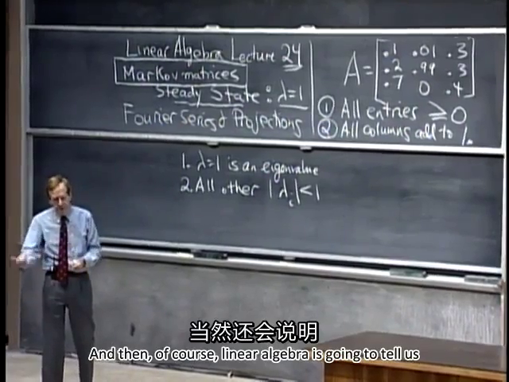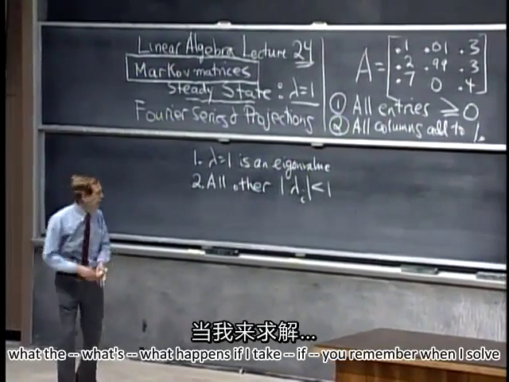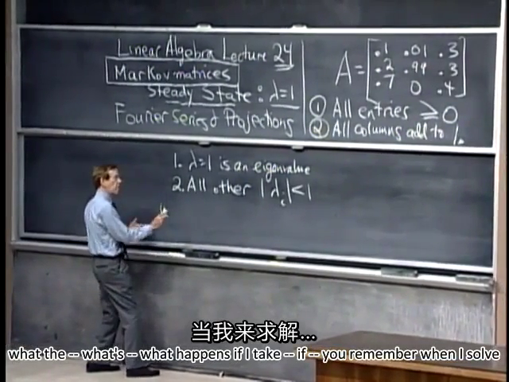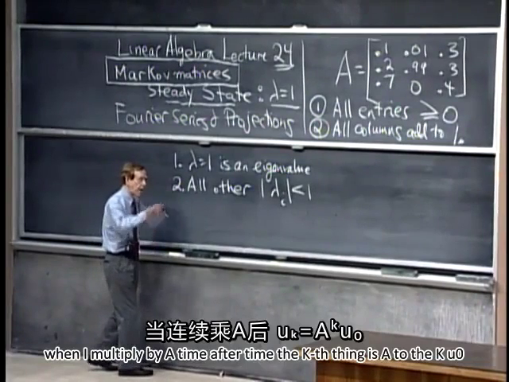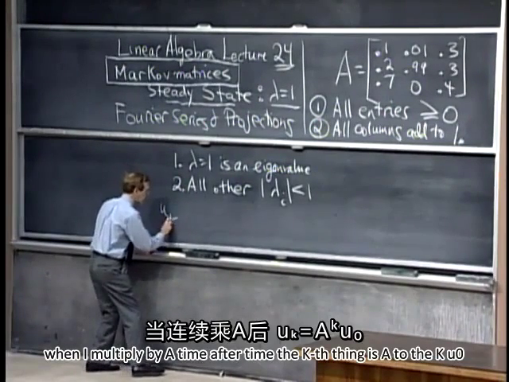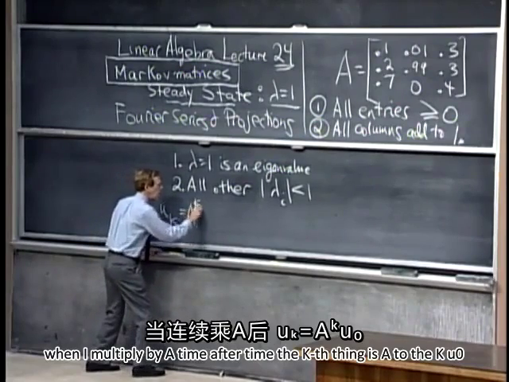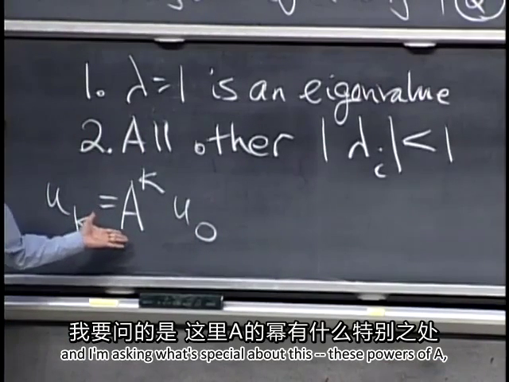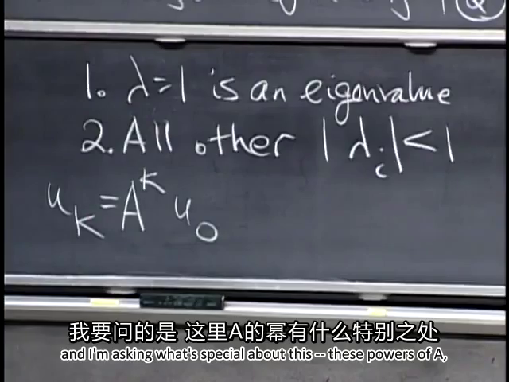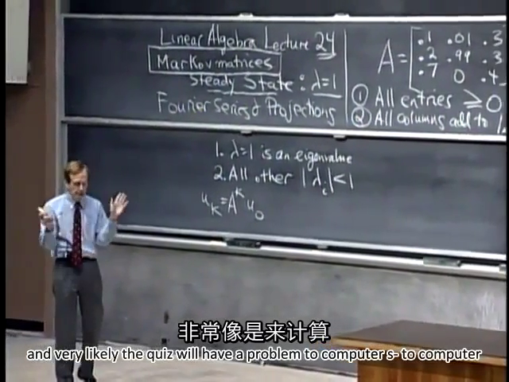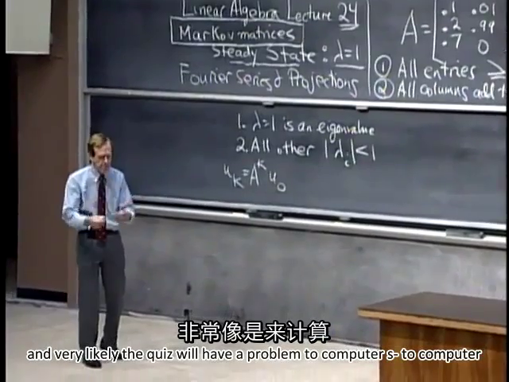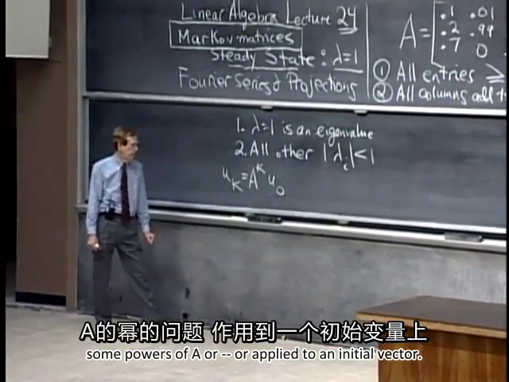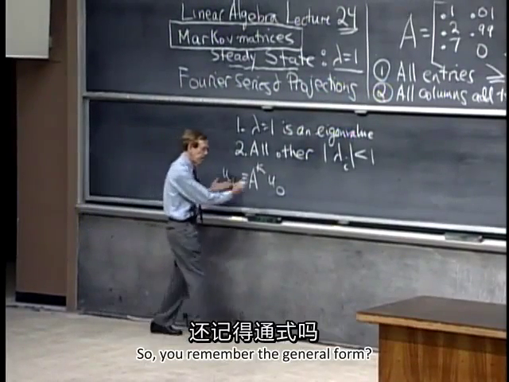So these two facts, linear algebra ought to tell us. And then linear algebra is going to tell us what happens when I multiply by A time after time. The kth thing is A to the k times u naught. And I'm asking what's special about these powers of A. Very likely the quiz will have a problem to compute some powers of A applied to an initial vector. So you remember the general form?